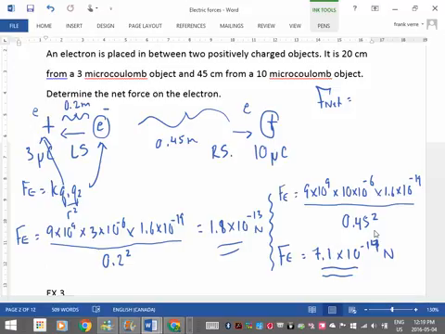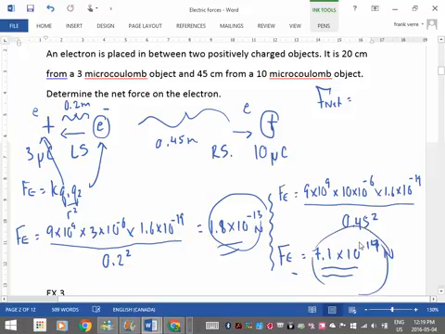So the net force would be this minus this. So what would that be? Let's do like 0.4 times 10 to the negative 13, or 4 times 10 to the negative 14, I believe. Probably around that. Let's do that.